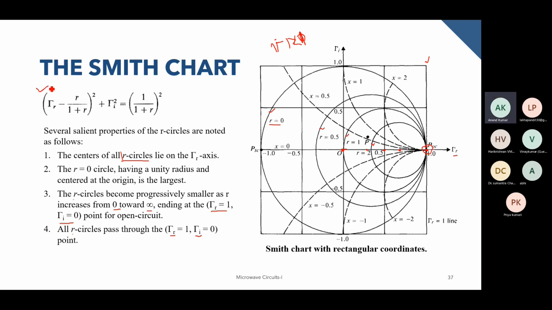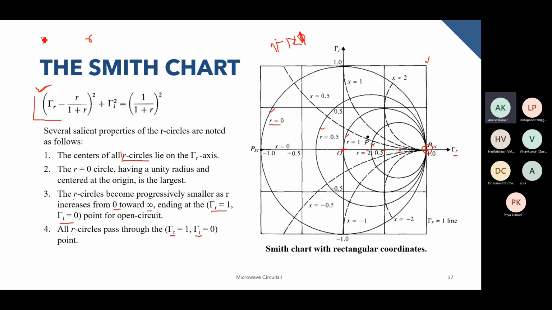Also, you have to note that all these things have been plotted and found and observed from only this expression, which came from only expressing the normalized real part of the load impedance.